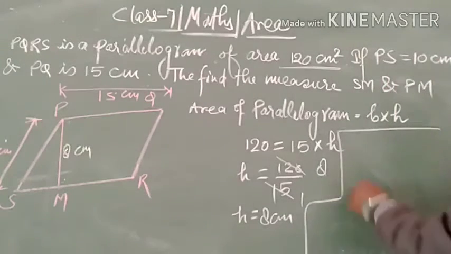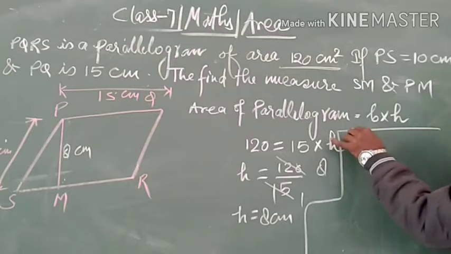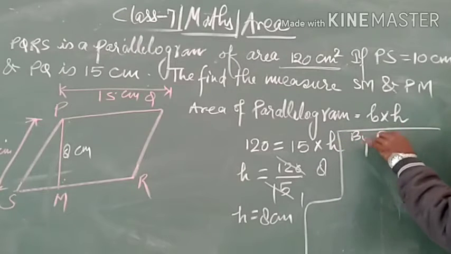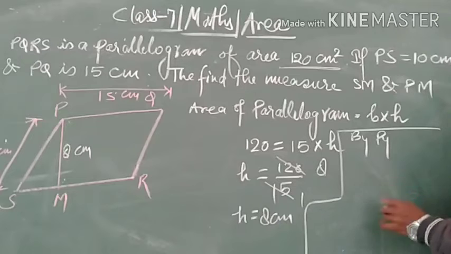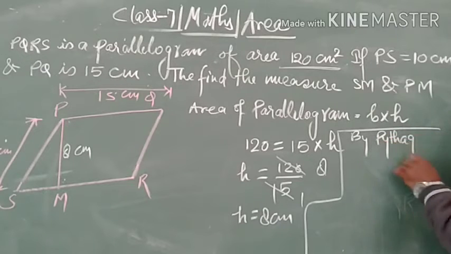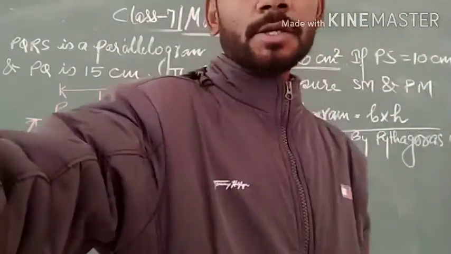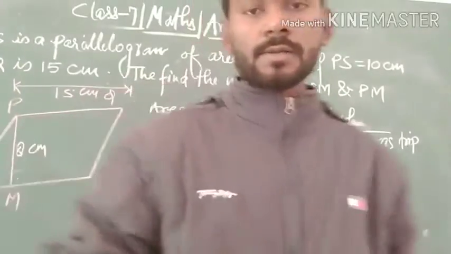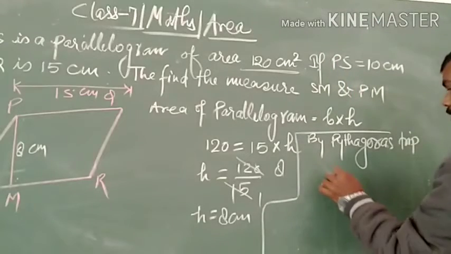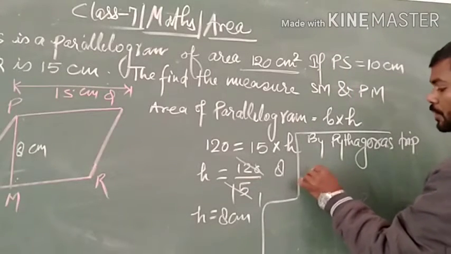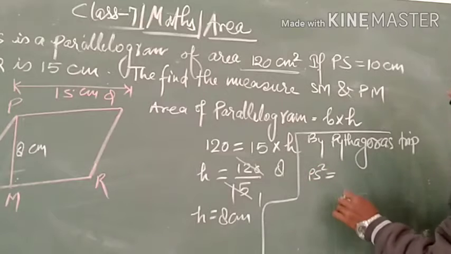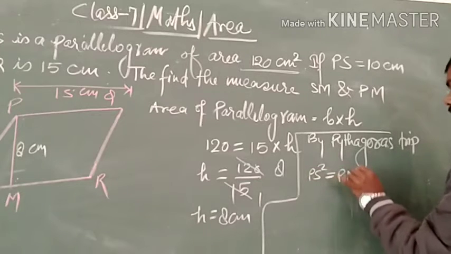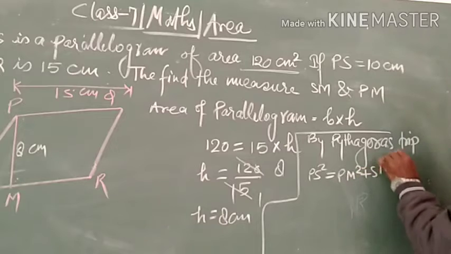Therefore, by Pythagoras theorem, we get PS square is equal to PM square plus SM square.